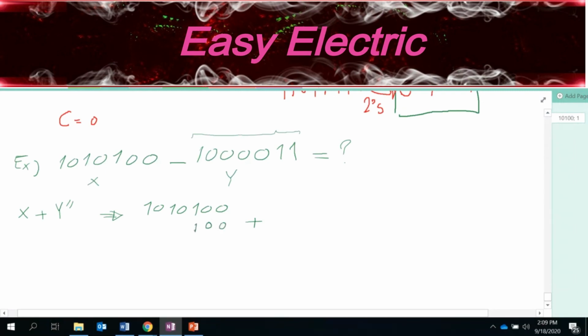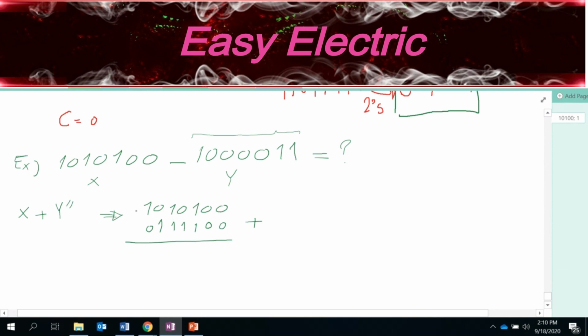Then the 0s should be 1s, and you have a 1 here, you change to 0. So 0 1 1 1 0 0 0 will be the first complement of that. Please read the notes that we have and also the homework. You need to practice these concepts.